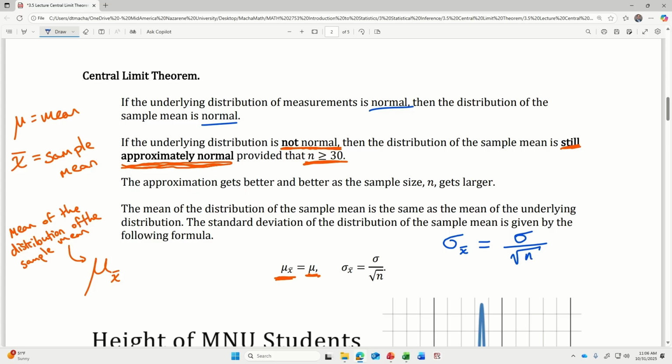So that means as n, the sample size, becomes larger, then the distribution of the sample mean is going to shrink. If I have a really big sample size, then my distribution of the sample mean is going to be very, very precise. There's not going to be much dispersion.